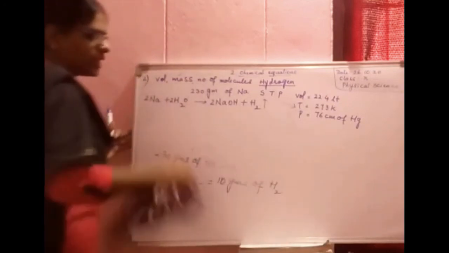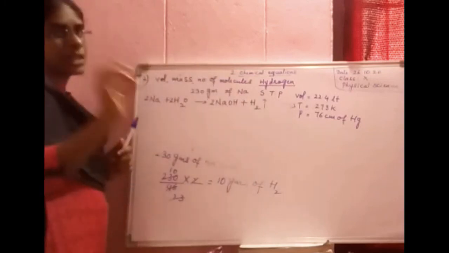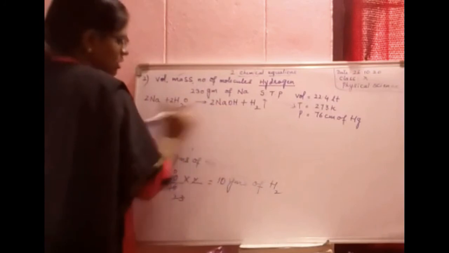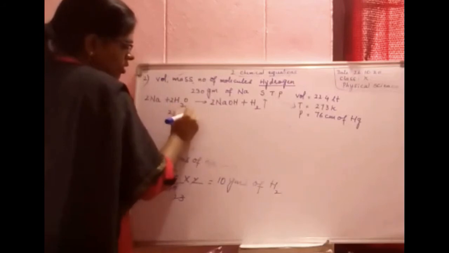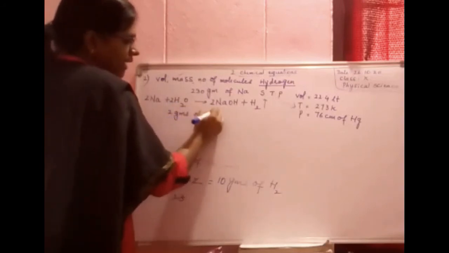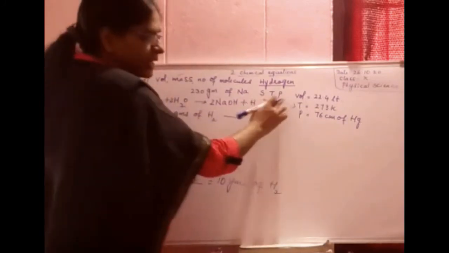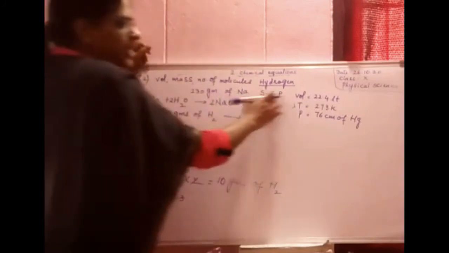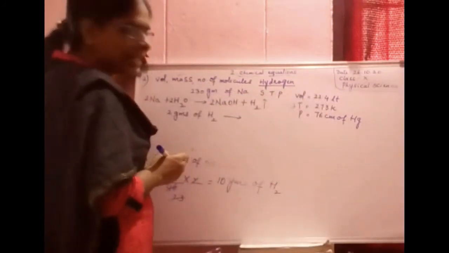In this problem, he has given you STP. Now from this equation, how many grams of hydrogen are there? 2 grams of hydrogen under STP. Under STP the volume is how much? 22.4 liters.